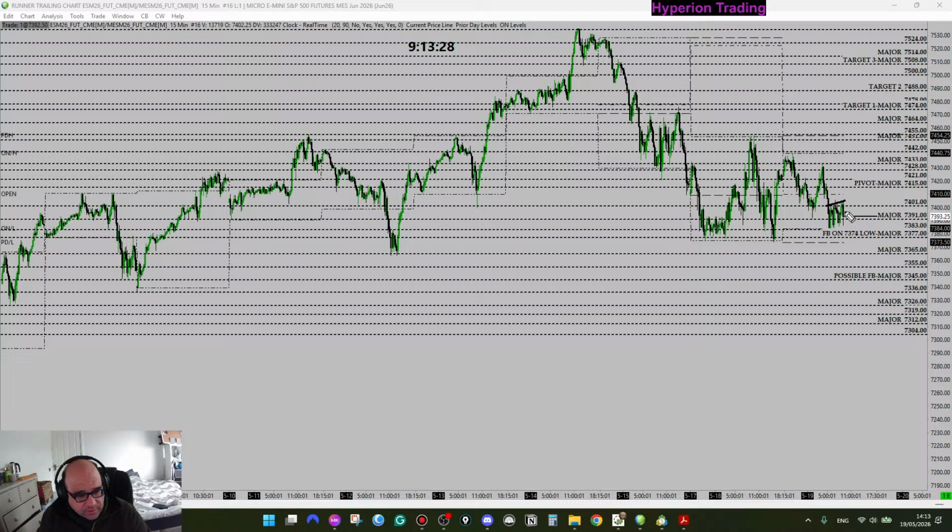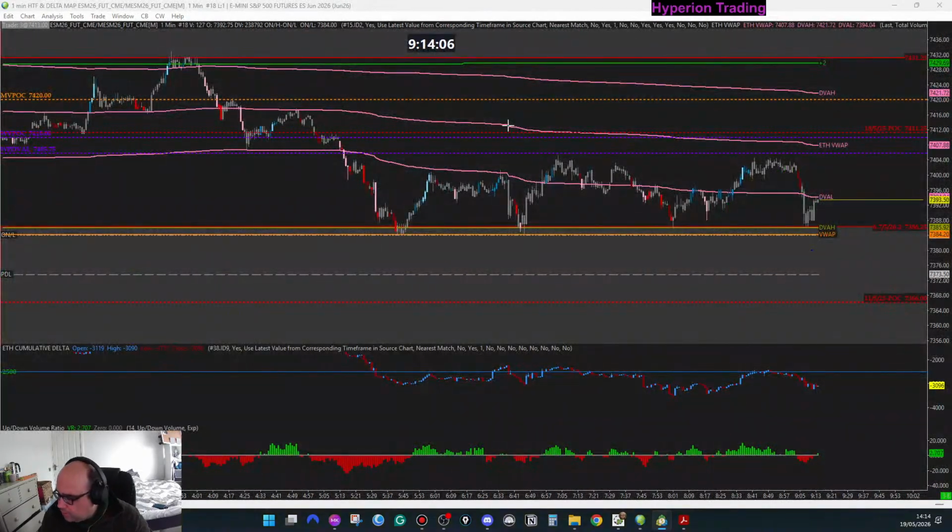As we see now, it's a very possible scenario to take these lows today, even this one. That's what I'm looking at. Here we see what I was telling you before.